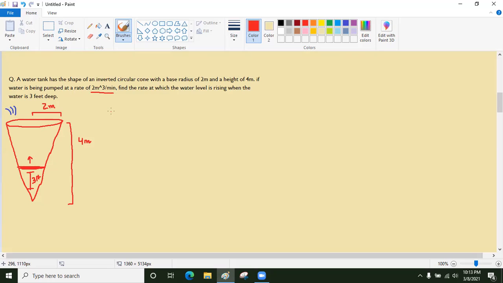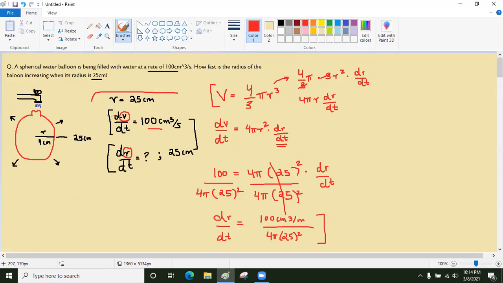And you can think about the volume of a cone being filled. Just like in the previous example, where we said the balloon is being filled with water at a rate of 100 centimeters cubed per second, we recognized that it's just the volume of the sphere which is expanding.